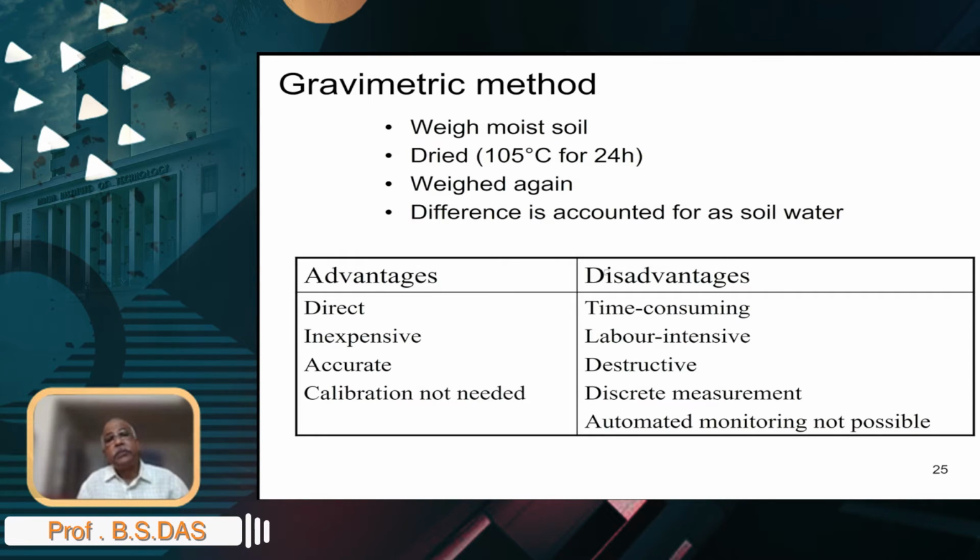Certain disadvantages to this is that you still need to spend 24 hours in the laboratory to dry the soil, and that could be some time, depending on what kind of oven you have. It can be time consuming. Depending on the number of samples that you analyze, this whole process could be very labor intensive.